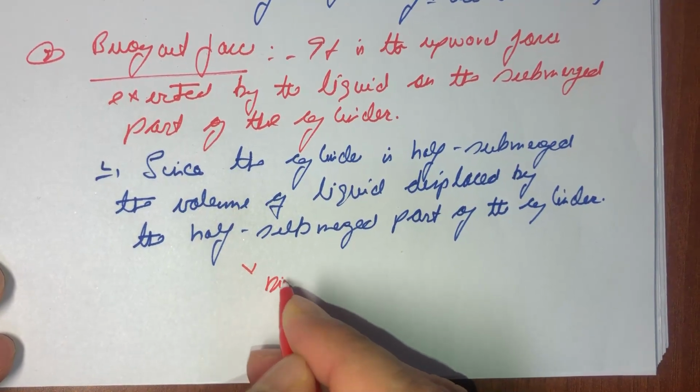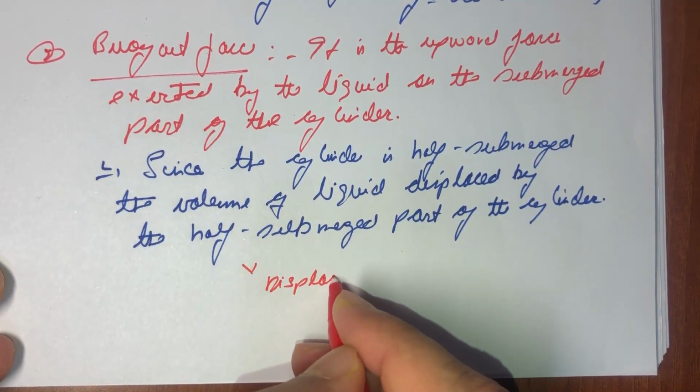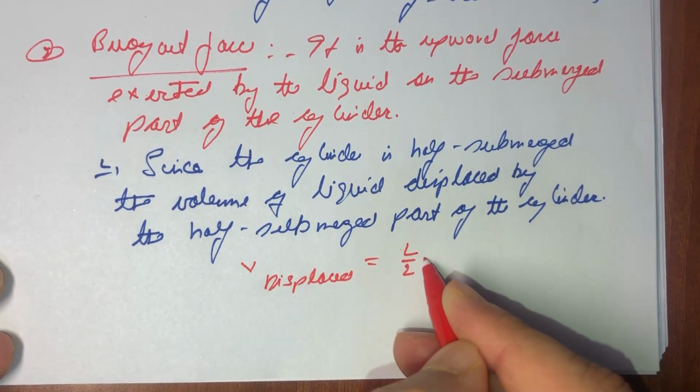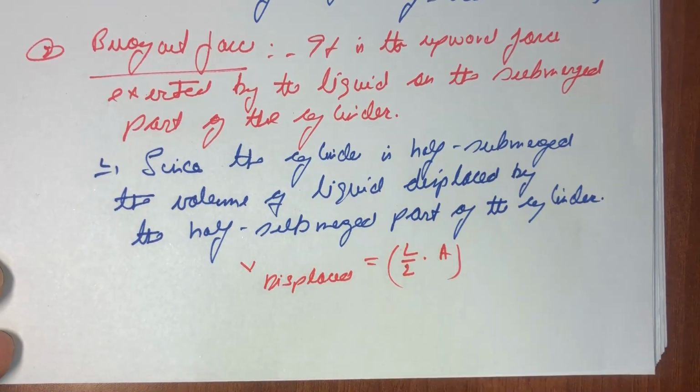The volume of the liquid displaced will be equal to length multiplied by area of cross section.